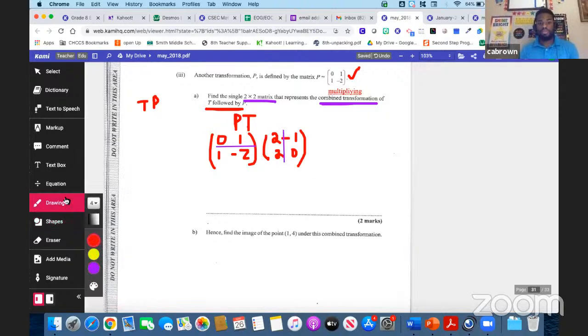Let's go. Our first row is going to be 0 times 2 plus 1 times 2. So 0 times 2, 1 times 2. Finish with that one. Moving on to the second part now: 0 times -1, 1 times 0.